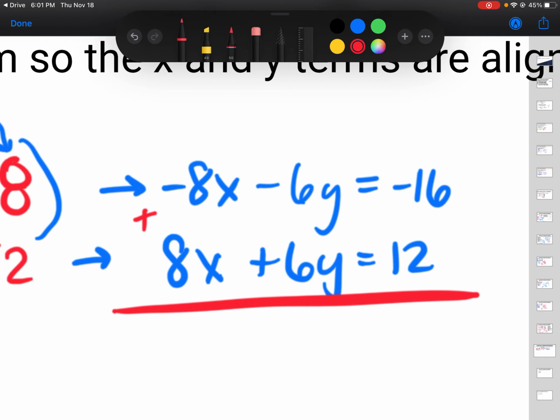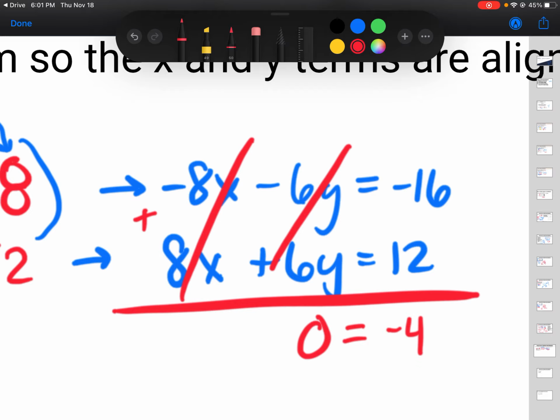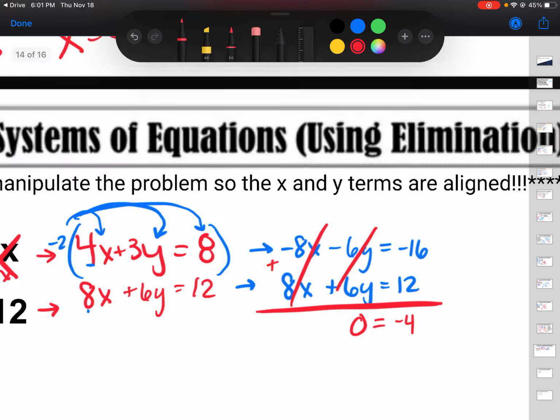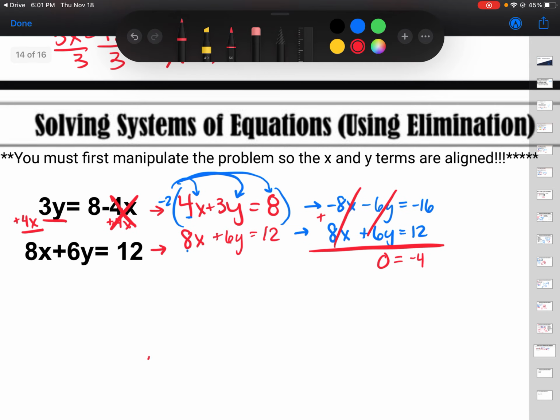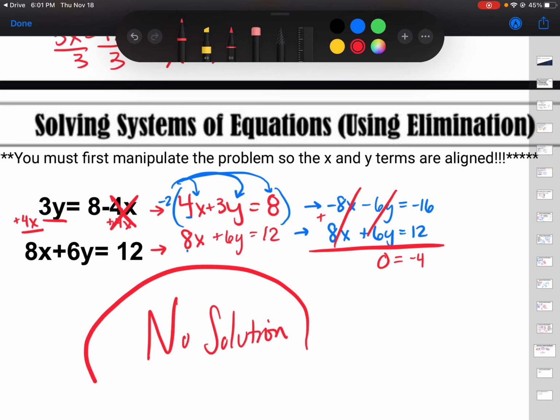Negative 8x plus 8x is 0. Negative 6y plus 6y is 0. So we canceled those out on the left. Negative 16 plus 12 is negative 4. That is not a true statement. 0 does not equal negative 4. So what's our answer? No solution.